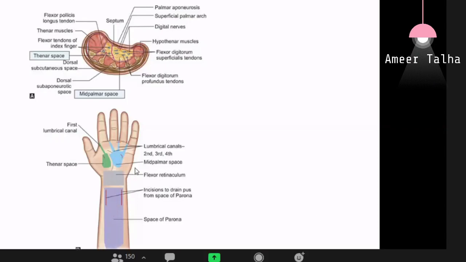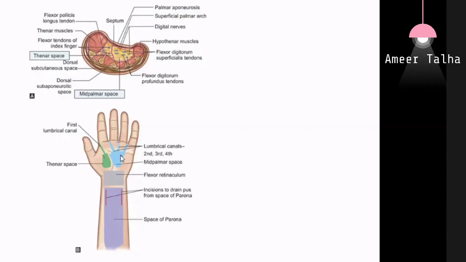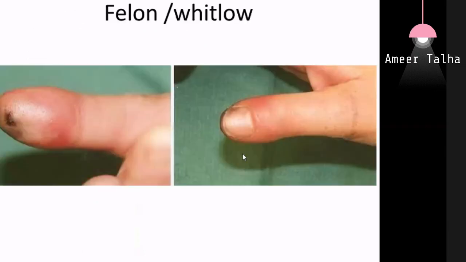So here, any infection of the mid-palmar space can extend into the space of Parona, but the pulp space infection specifically remains limited to the pulps. What you can see in this diagram is redness and swelling of the pulp space, and this is called felon or Whitlow.